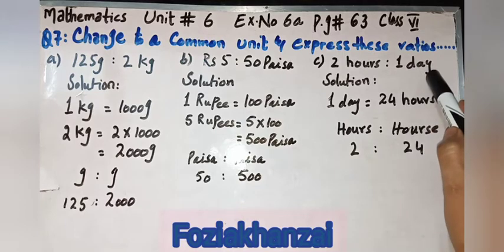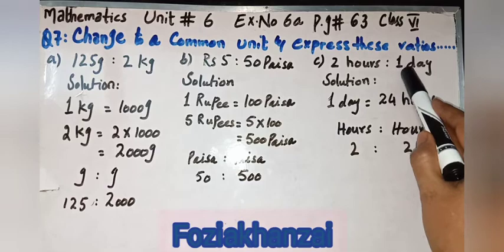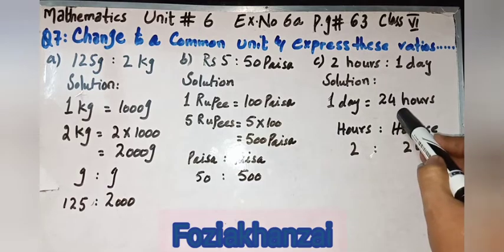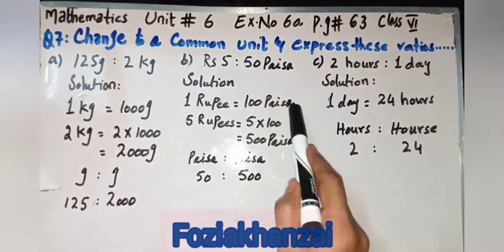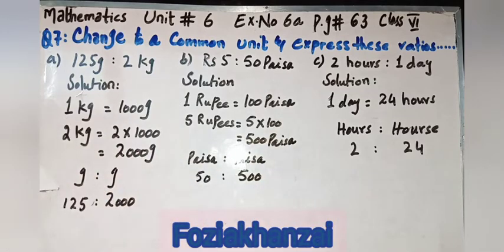So 1 day converts into hours. So 1 day is equal to 24 hours. 1 rupee is equal to 100 paisa. And 1 kilogram is equal to 1000 grams. Clear? So on both sides we have the same quantities. It's called ratio. Now your question is, change to a common unit and express these ratios in their simplest form.